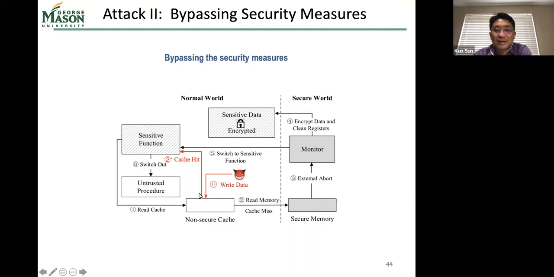Now there is a cache hit, so it will directly return, and then they will switch out. So those steps will be totally bypassed. And then the sensitive data in the registers can be read out by the untrusted procedures. They save the encryption keys in these registers, so now they have leaked all the sensitive data.